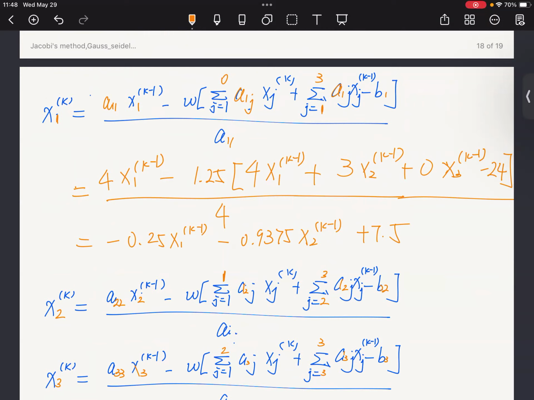Write down the expression and then replace the number A2J, A3J, look for the corresponding number from the linear system of the equation, and then replace it into the expressions here. And then we got the expressions, and I'm going to skip writing all the details here, and you can take a look at the lecture notes, how the computations look like.